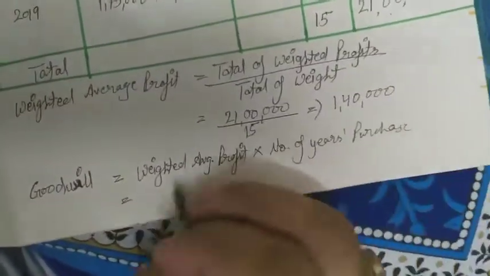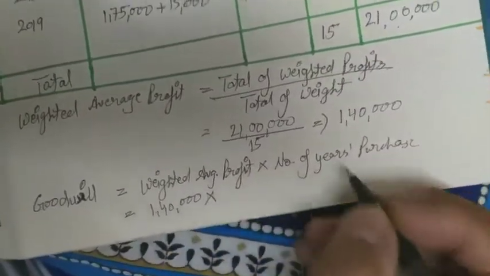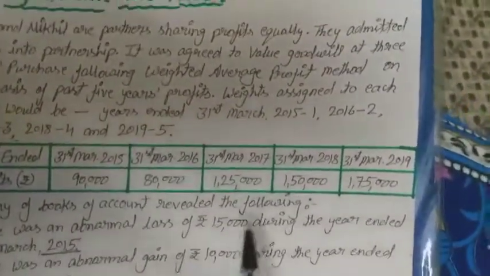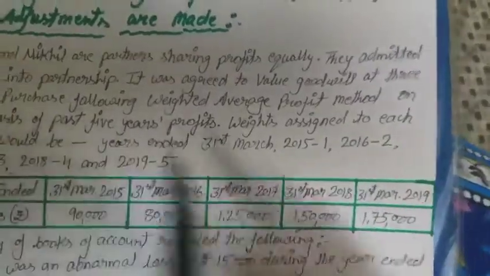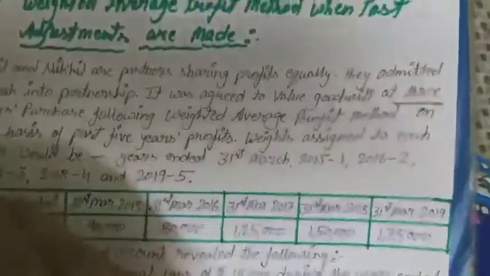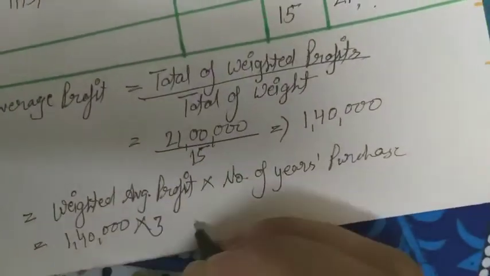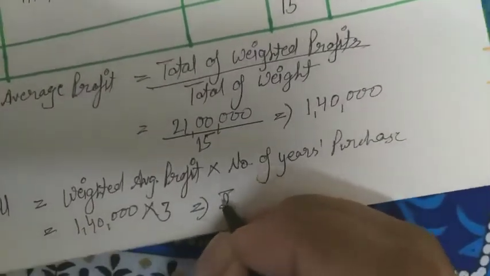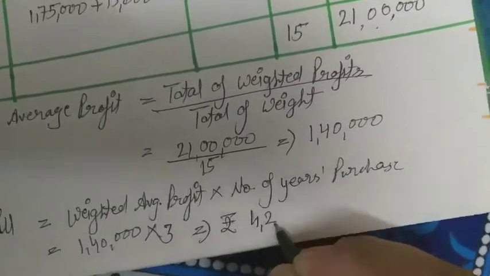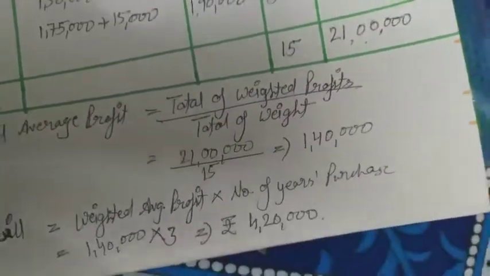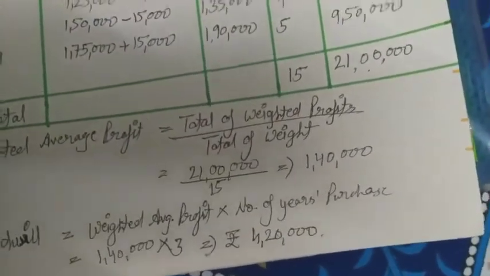Weighted average profit is 1,40,000, and the number of years purchase we will find in the question. It is 3 years purchase. So we will multiply by 3. So it is equal to rupees 4,20,000 will be the goodwill of the firm. Is it clear? This is the goodwill of the firm.